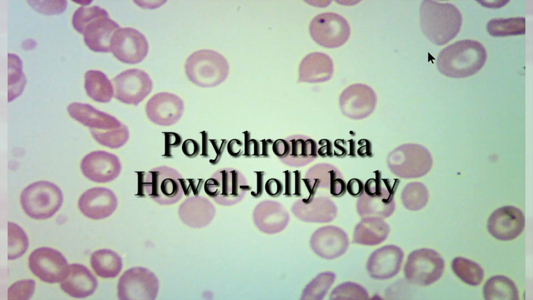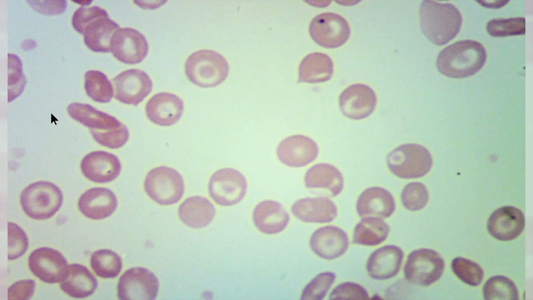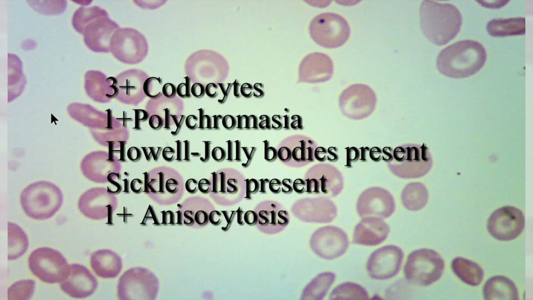I do see a Howell-Jolly body in here, and perhaps in here and in here. This is an artifact, and this is another cell with polychromasia. Overall, I will report this smear as 3+ target cells. I will make note of Howell-Jolly bodies, and I will clearly indicate that sickle cells are present in the smear.